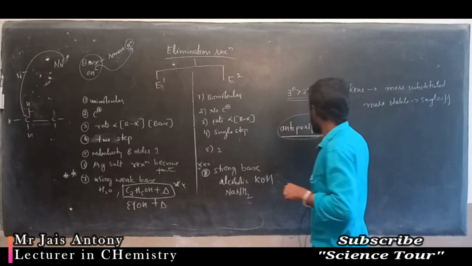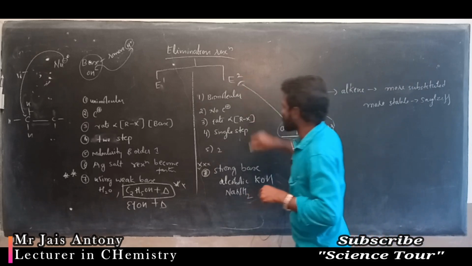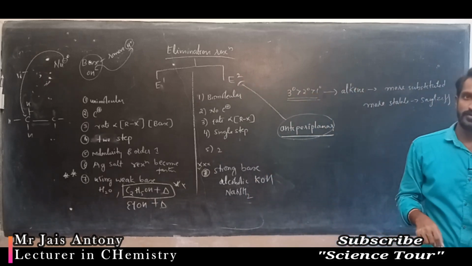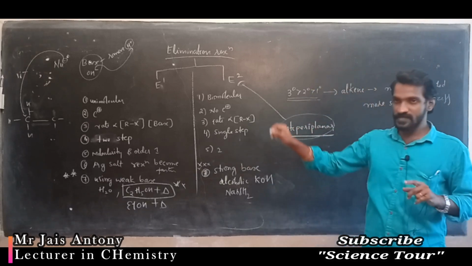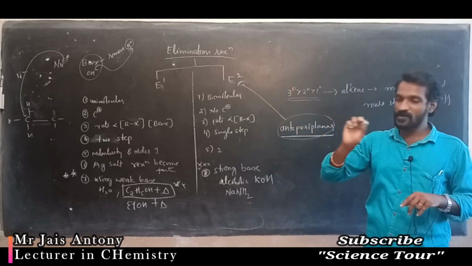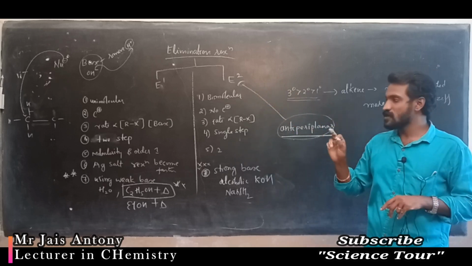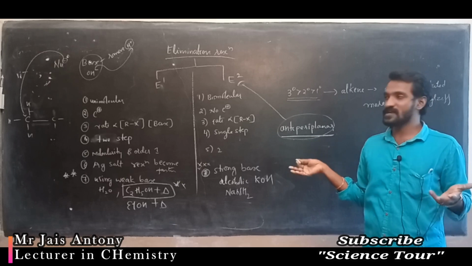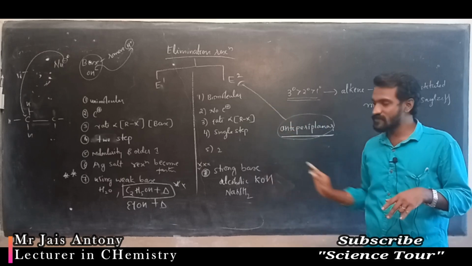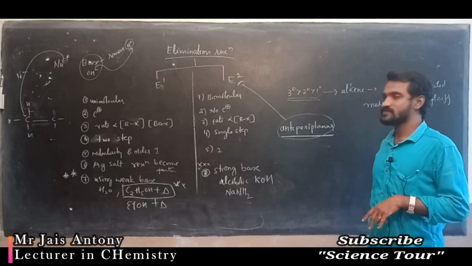Anti-periplanar structure is required for E2 reaction. This is a very important note. Note down. This is about base and nucleophile, all these are very important notes. Using that we can easily solve. Understood? No need of struggling. After knowing these conditions, you can easily find out.